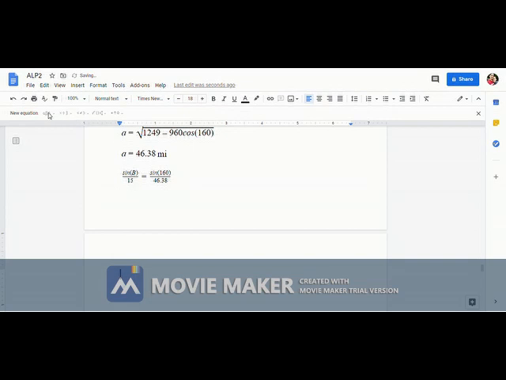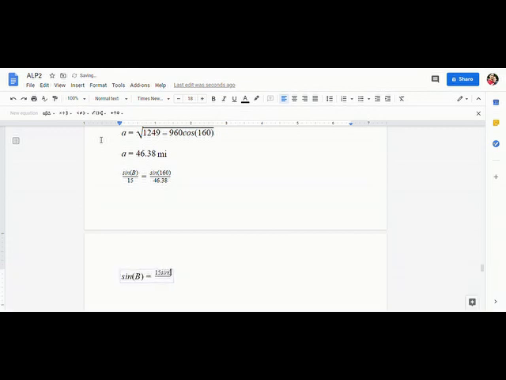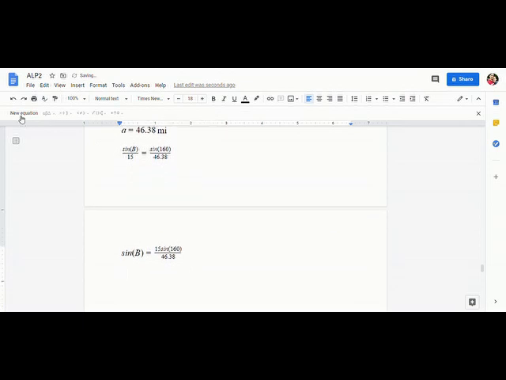Multiply both sides by 15, and we get sine B isolated: 15 sine 160 over 46.38.